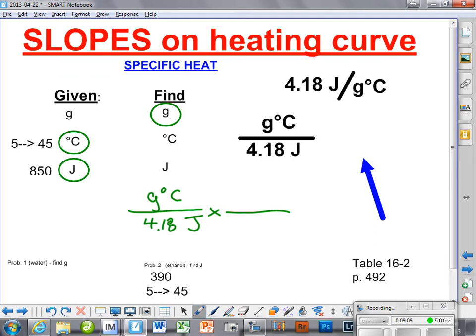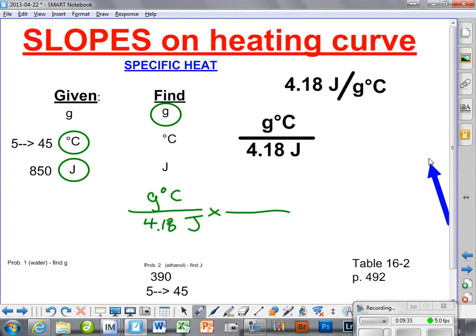What are we going to do with the temperature change? Top or bottom? Okay, and what is that temperature change? Here's our temperature change. What's the temperature change? 40 degrees.